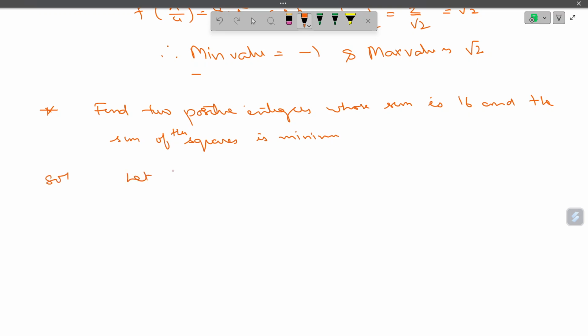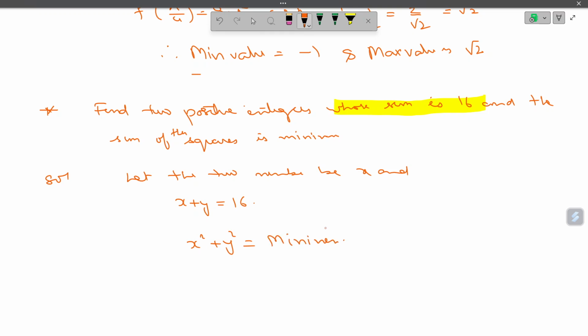See, let the two numbers be x and y. What does he want to say? The sum of two numbers is 16. That means x plus y equal to 16. And the sum of squares is minimum: x square plus y square is minimum.